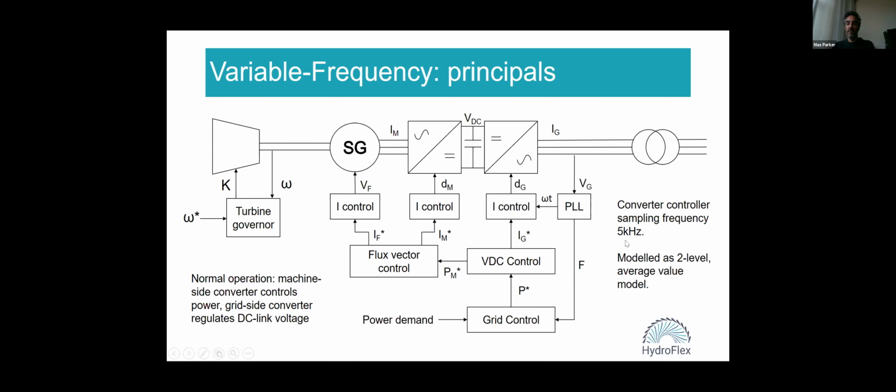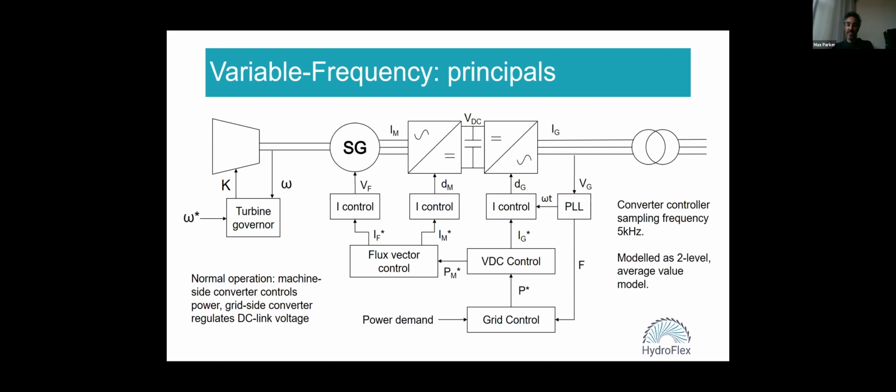So this is using a relatively fast sampling frequency for this control system. It's modeled as a 2-level average value model, but what I'm assuming is that the actual system would have a modular multi-level converter at this sort of power level.